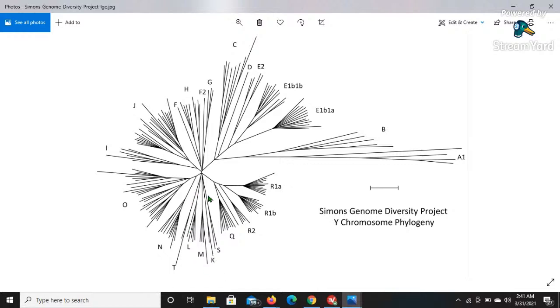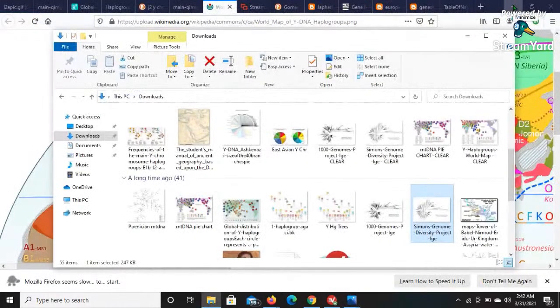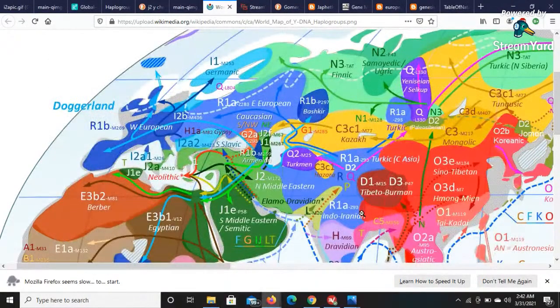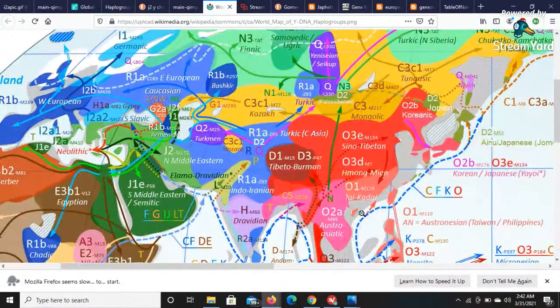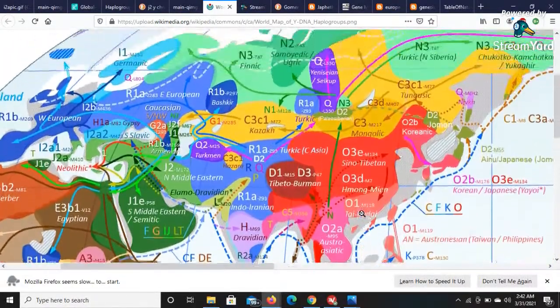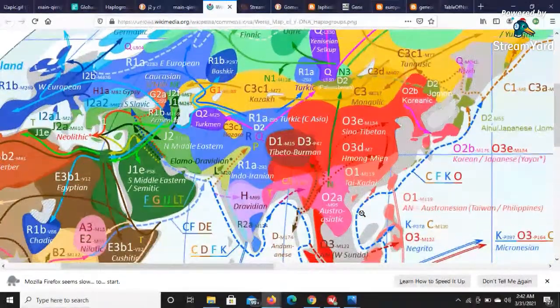Or they could be separated, the T and the K and the M. So this is going to be a little bit difficult to try to match up unless we get some historical archaeological information on these people here. So we have the Q and the R.